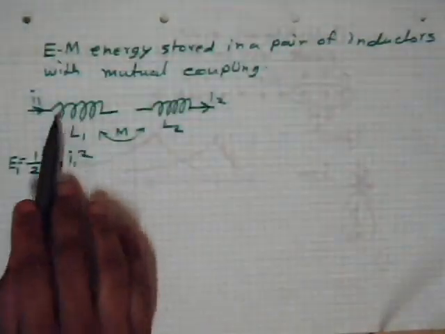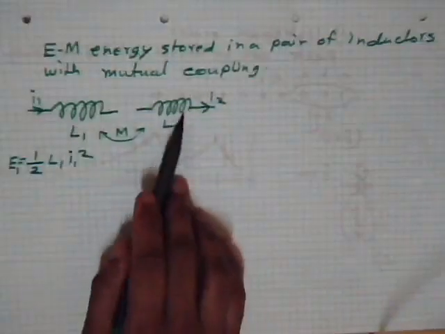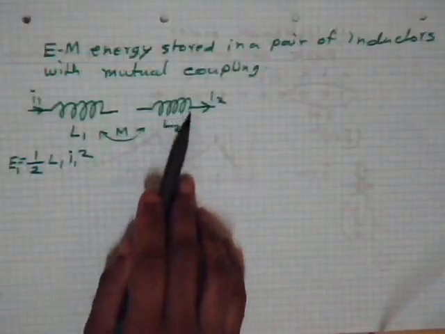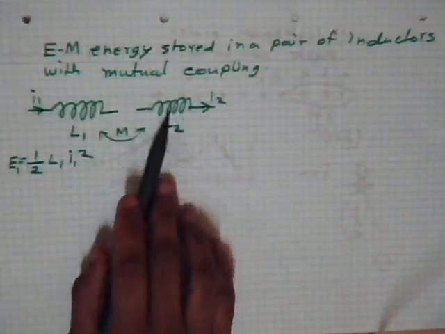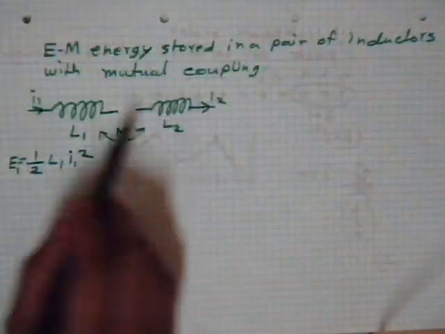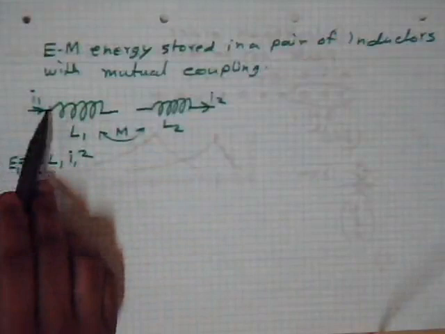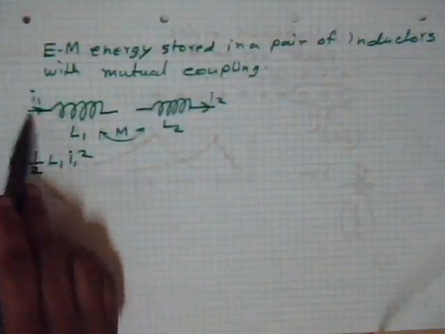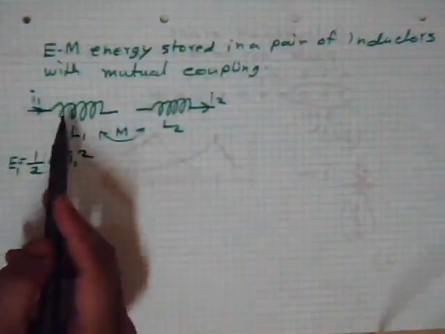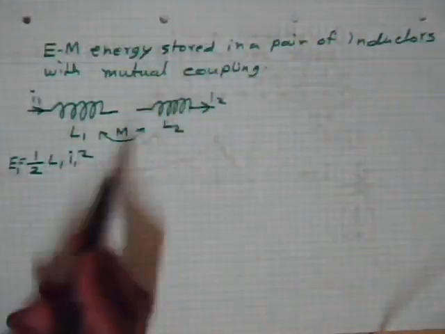But when I energized the first coil, at that time there was some voltage generated, of course, in the second coil, but there was no current, so no energy was associated with that. But now there will be an energy associated with the current flowing in the first coil and the voltage generated in the first coil due to the increment of current in the second coil.